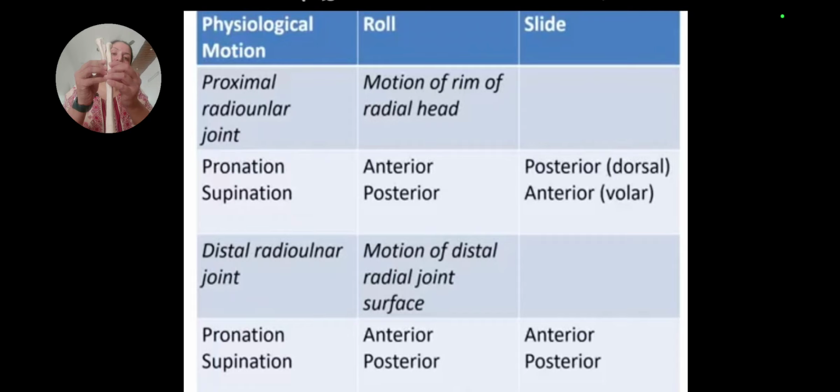The motion takes place at the radial side; no motion takes place at the ulnar side. We have seen that there is no motion happening on the ulnar side, but the motion takes place only at the radial side. So what we see is the radius is moving anteriorly. What is the pronation movement? The head of the radius is moving anteriorly.